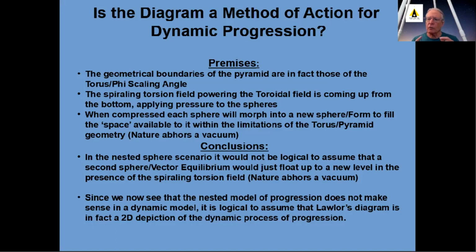When compressed, each sphere will morph or change in some fashion into a new sphere or form to fill the space available to it within the limitations of the geometry, the structure of the torus pyramid geometry. And why I'm saying that, let's go back and think about that. I say nature abhors a vacuum.